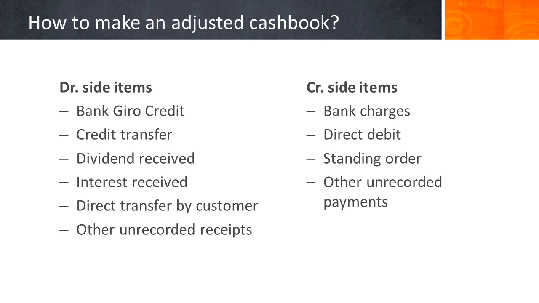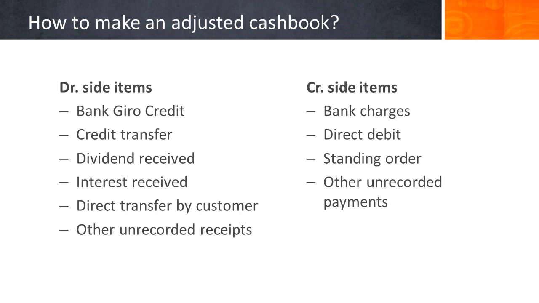So that finding is then recorded on the credit side of the cash book, because bank charges are certainly going to reduce the bank balance present in the bank account. So as a result of that finding, the bank balance is going to decrease, or the cash book balance is going to reduce.